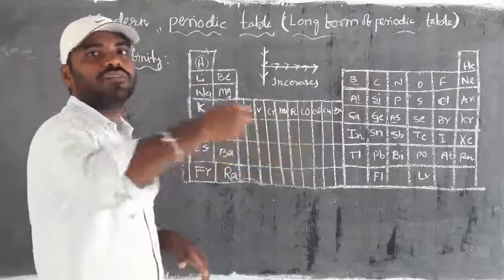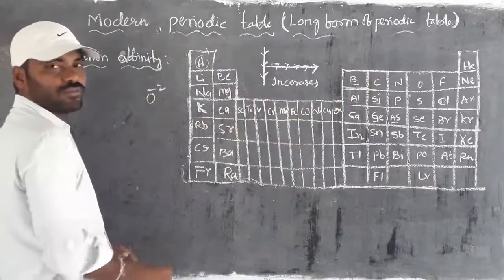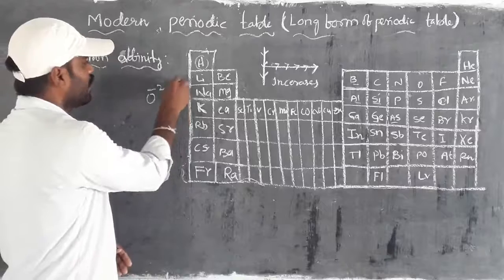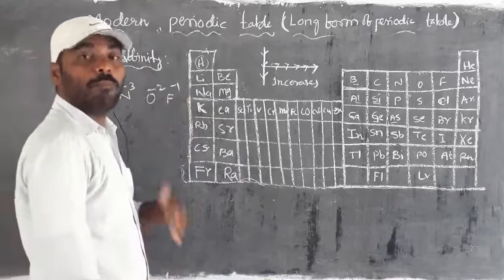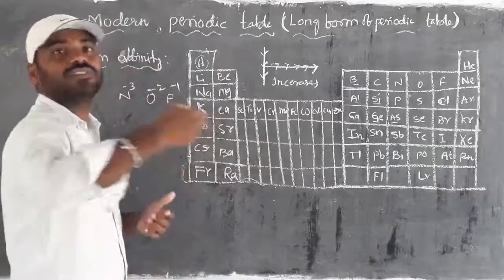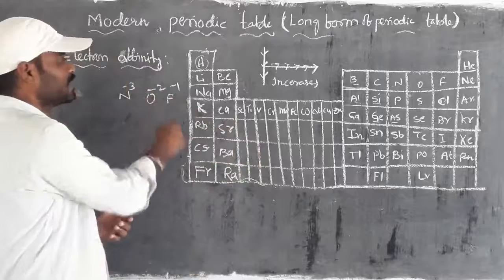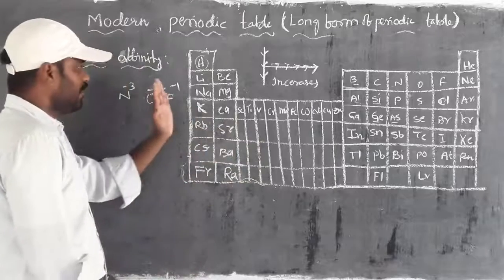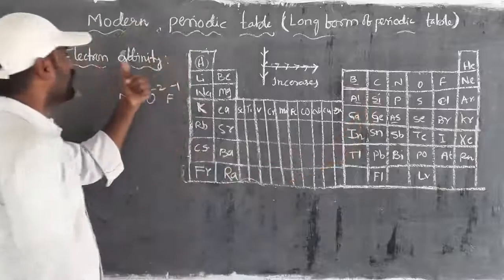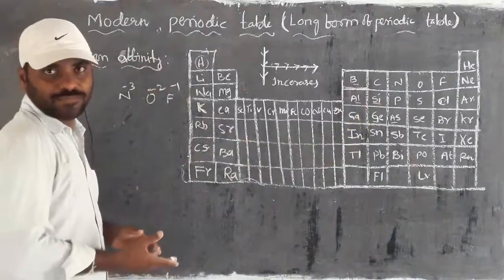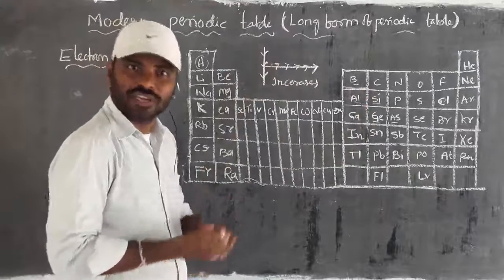The non-metals are ready to receive electrons. Oxygen is able to show -2, fluorine can show -1 charge, and nitrogen can show -3 charge. -3 means it is ready to receive 3 electrons, and oxygen is ready to receive 2 electrons. That nature is possible for non-metals. So when you move from left to right in the periodic table, the electron affinity value increases due to decreasing atomic size or atomic radius.